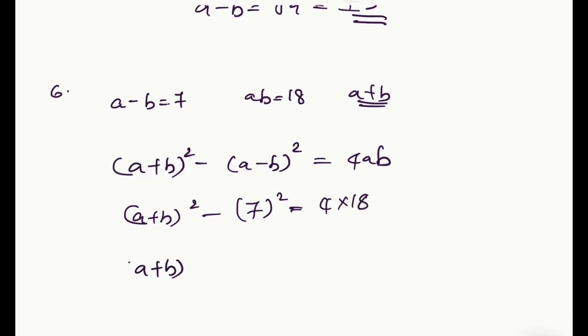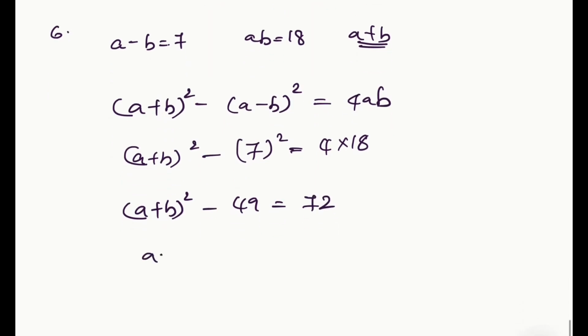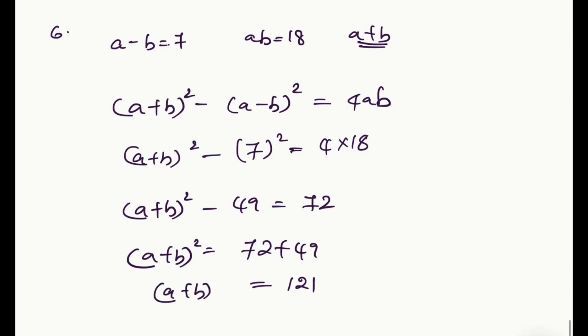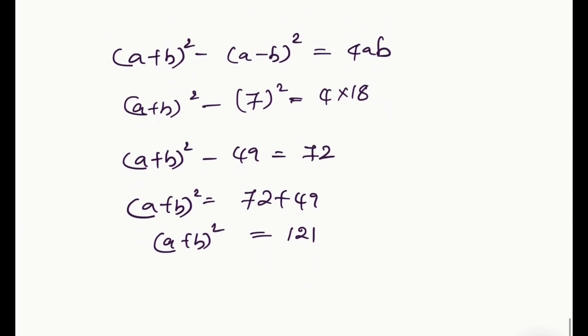A plus b the whole square minus 49 equal to 4 times 18. 18 fours are 72. So a plus b the whole square equal to 72 plus 49 equal to 121. That gives you a plus b is equal to root of 121 equal to plus or minus 11. Okay. Hope it's clear, kids.